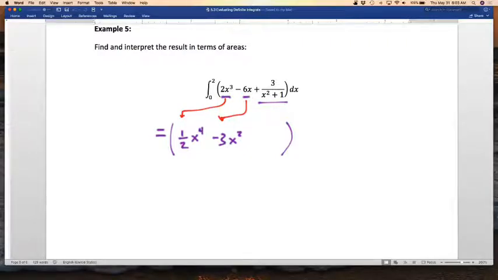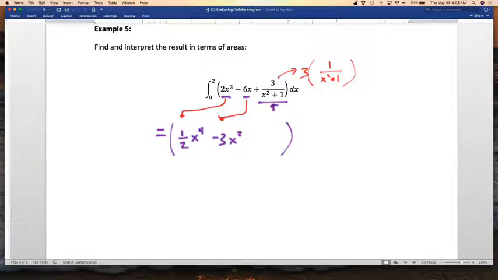So the tricky one is this piece right here. What we want to do is look at that as 3 times 1 over x squared plus 1 and look back at our table of antiderivatives or indefinite integrals. What is the antiderivative of 1 over x squared plus 1? Tan inverse.